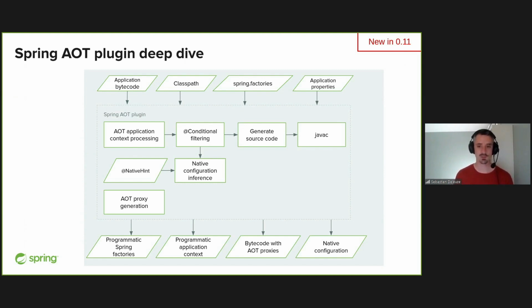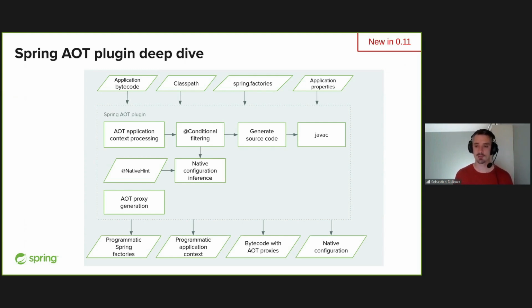And the output of that will be optimized source code generated for your application and an optimized native configuration, generated based on the knowledge of the classpath and the various configuration of your application. It will also use the native hints that you could provide on your application and also the ones that we are shipping out of the box with Spring Native.